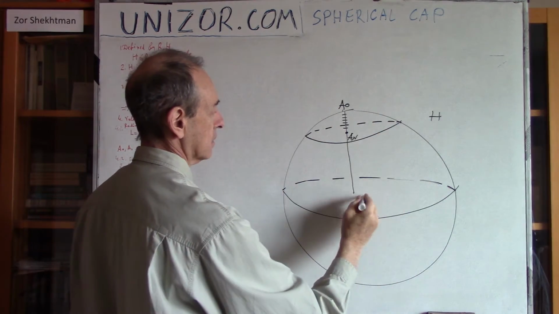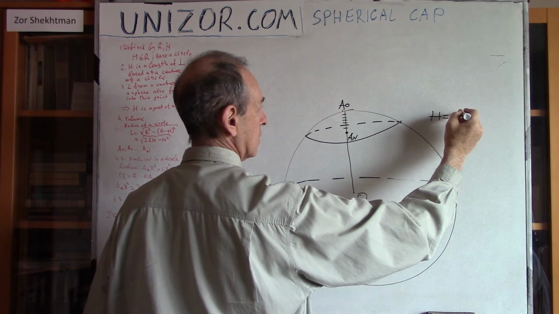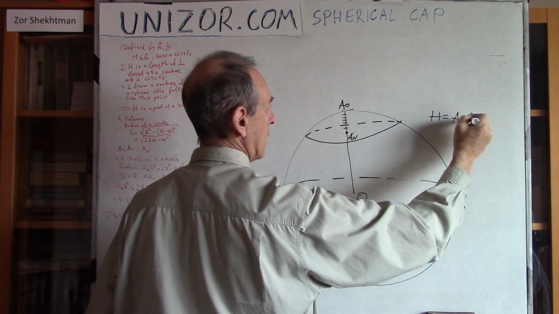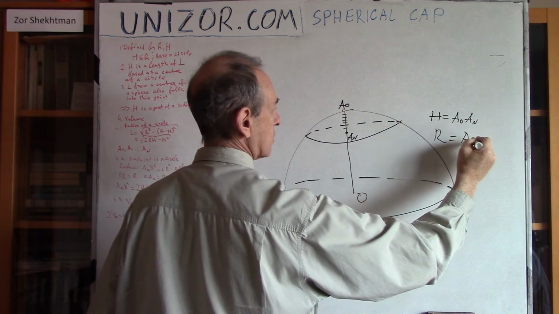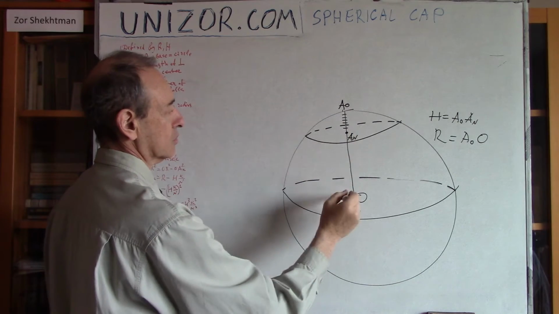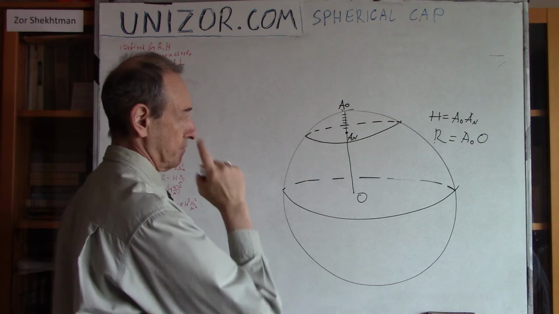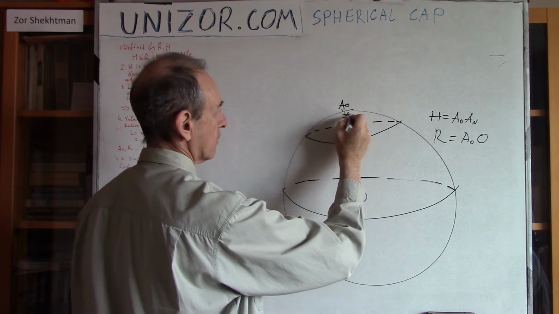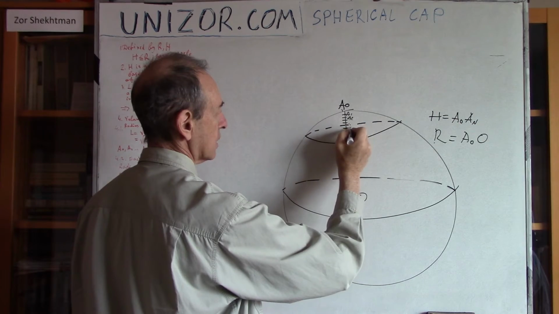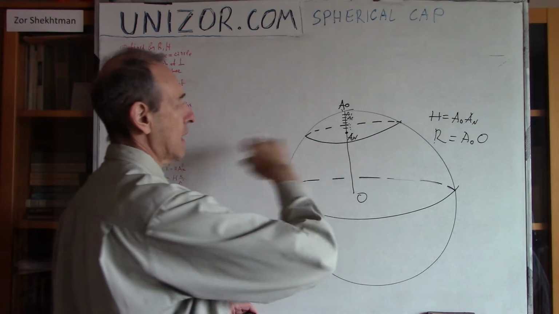And h is A0AN, and R is A0O. From A0 to O is radius. From A0 to AN is height h. And these are points which I will call A1, A2, etc.